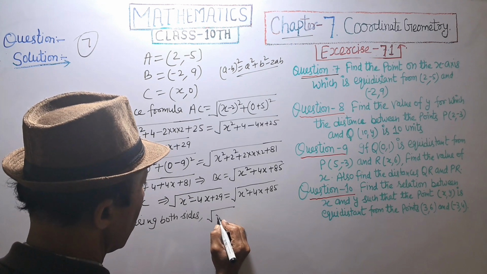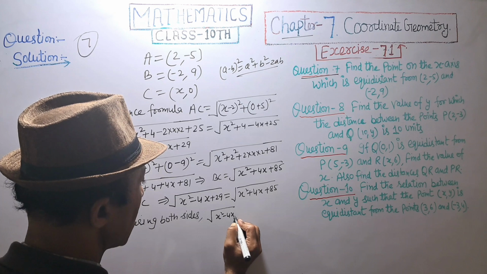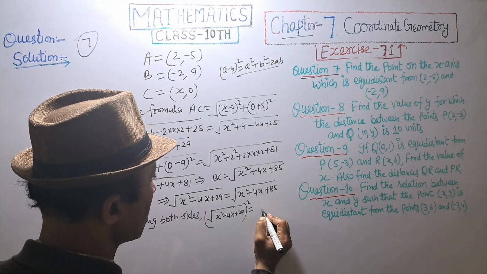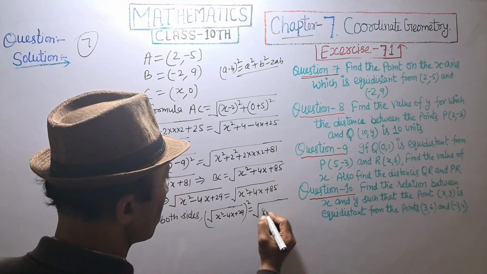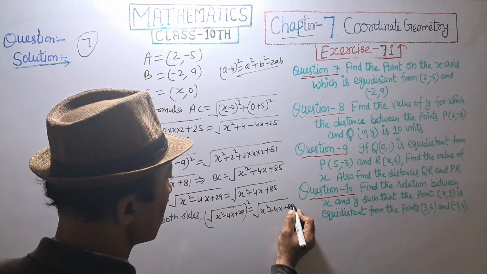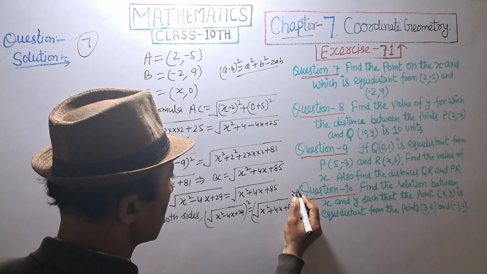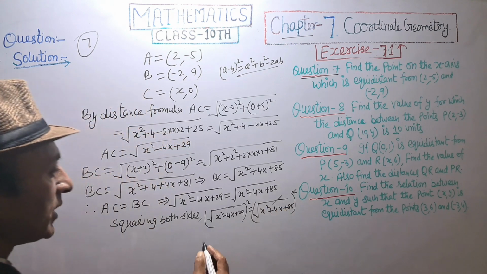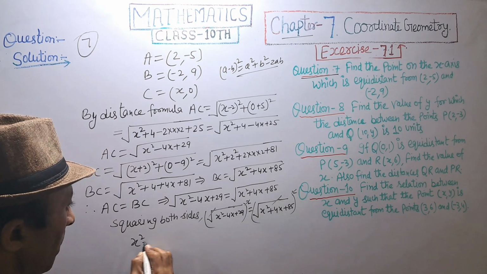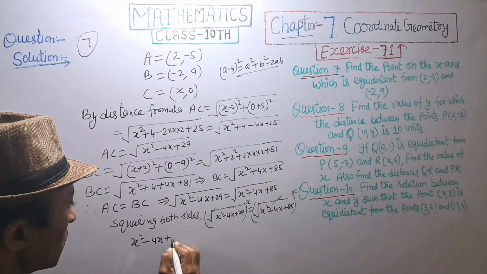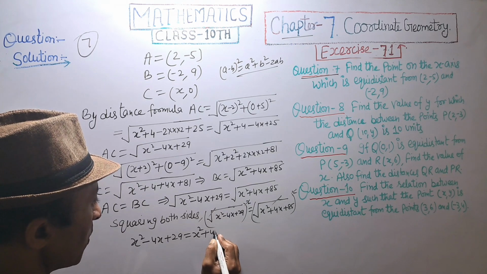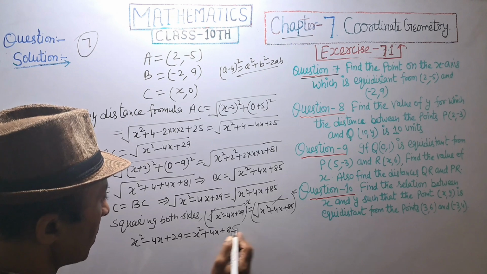The root is cancelled by the square, so x squared minus 4x plus 29 is equal to x squared plus 4x plus 85.